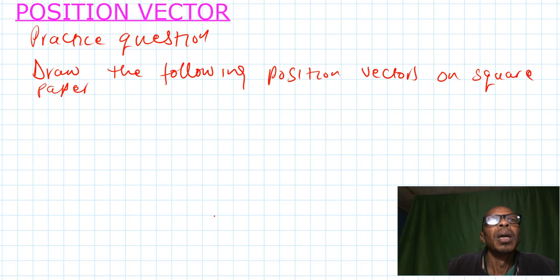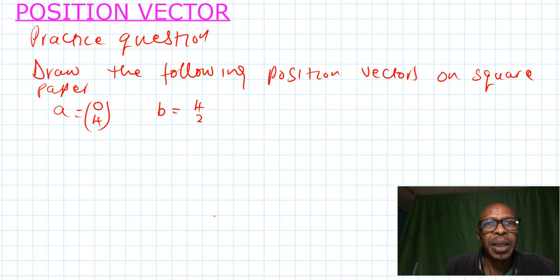So these vectors are A is equal to (0, 4), B is equal to (4, 3), and C is equal to (-2, 2). So you can do that.